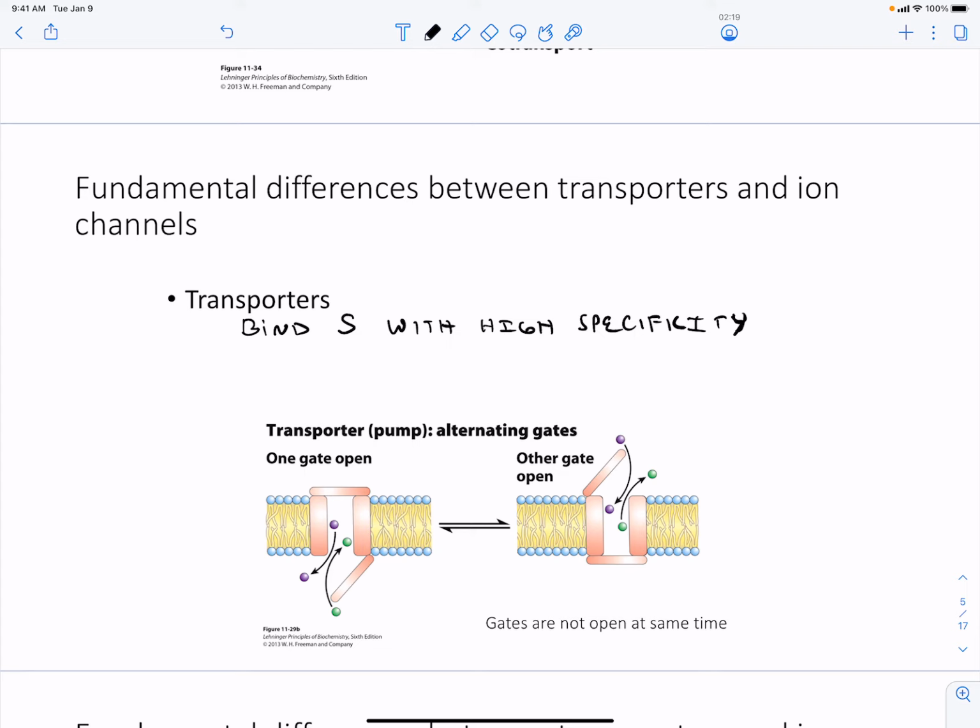And they are going to be very similar to enzymes such that they can become saturated. And then they can move a substrate against a concentration gradient, so this is active transport.